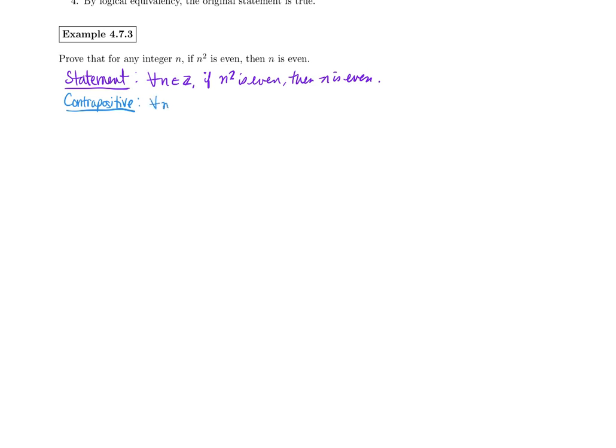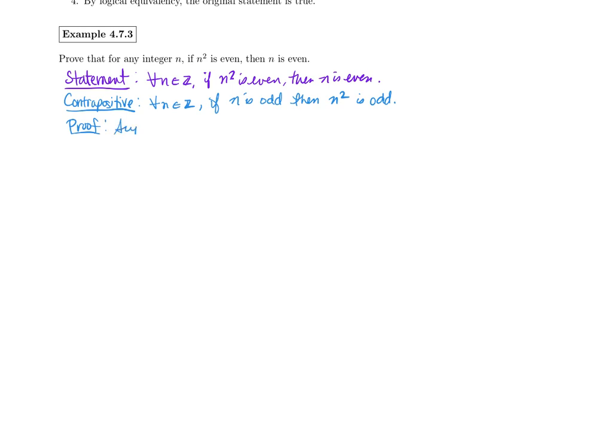So it'd still be for all n in the set of integers. We still have an if then, but now we switch p and q and we negate them. So if n is not even, which is the same as odd, then n squared is not even, which is the same as being odd. See how that parity property makes this a lot simpler? So let's try proving this statement.